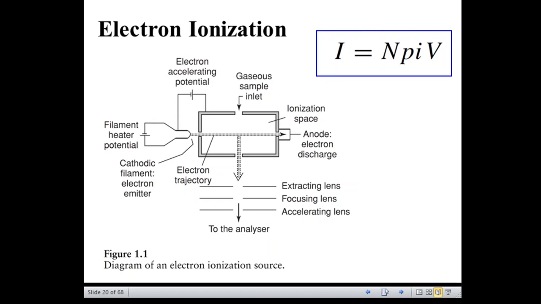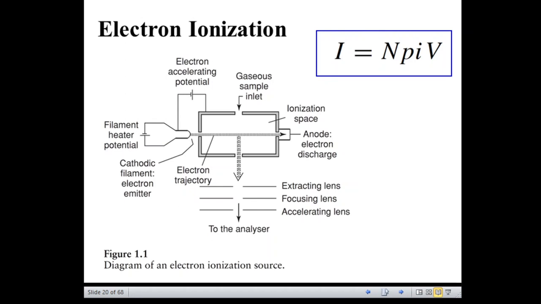Are there any limitations for this particular ionization source? No doubt, the electron ionization leads to fragmentation, and this fragmentation is very much useful for elucidating the structures of unknown analytes. But too many fragments sometimes prevent its detection.